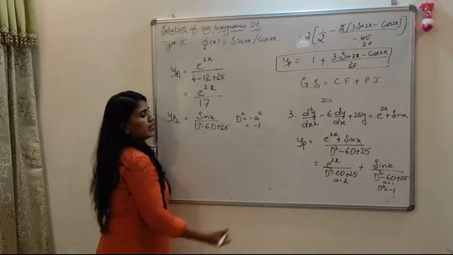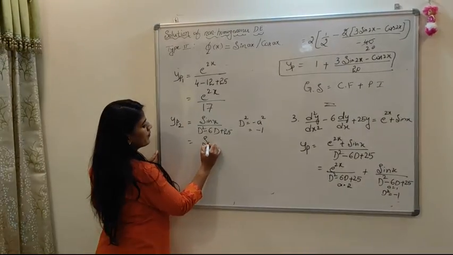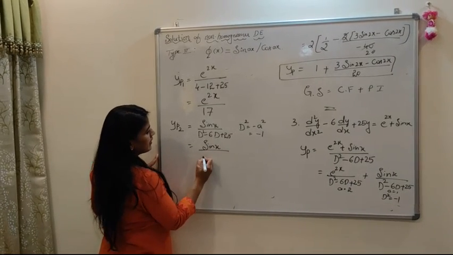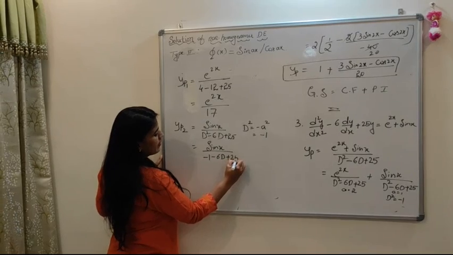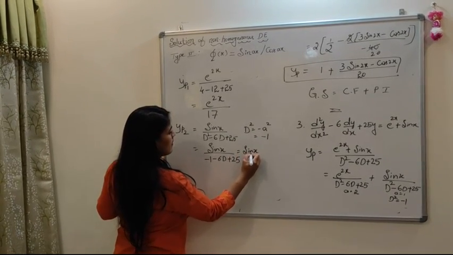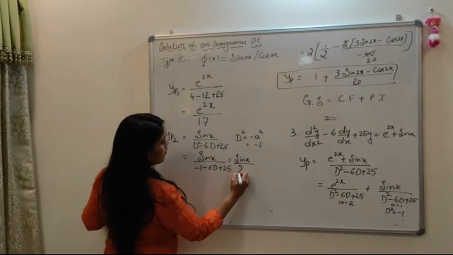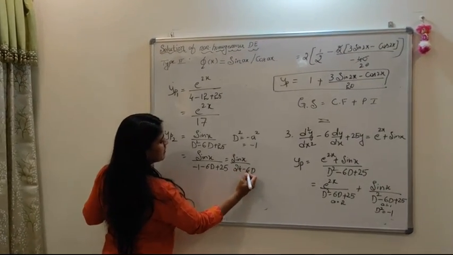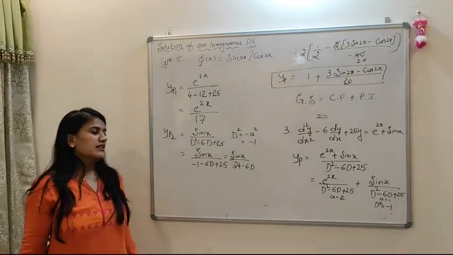So it is minus 1. Replacing d square by minus 1, sin x divided by minus 1 minus 6d plus 25. So it is sin x divided by 25 minus 1, 24, minus 6d. Is it clear? 25 minus 1, 24 minus 6d.